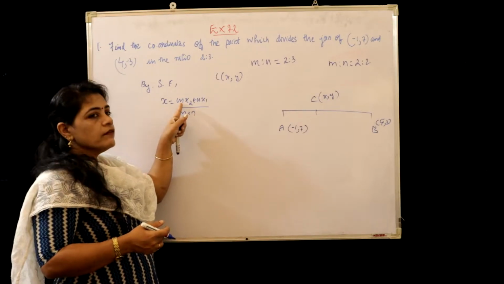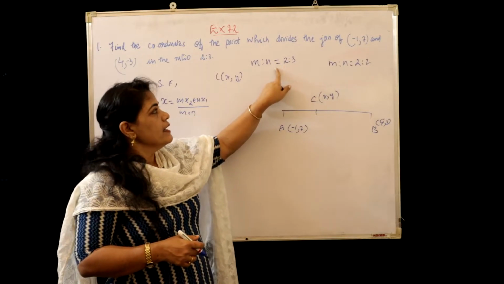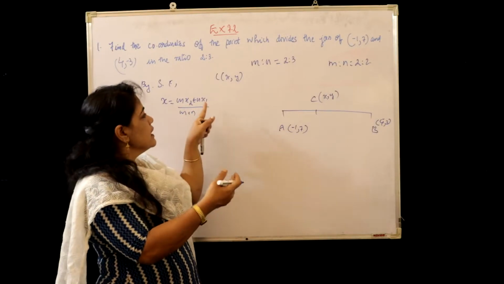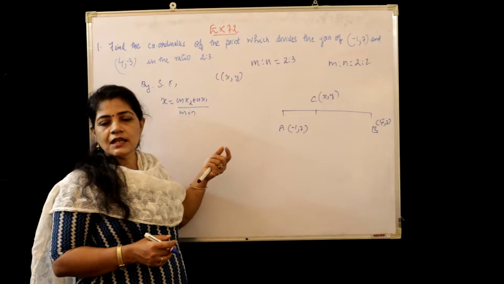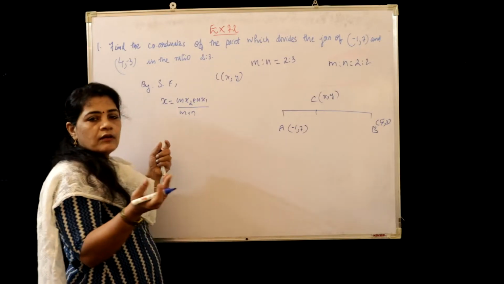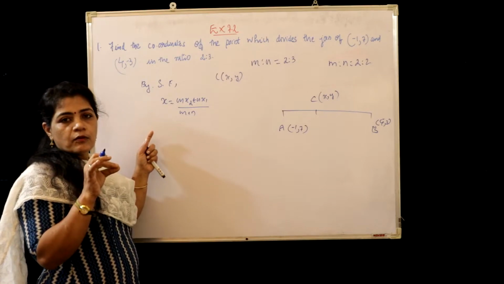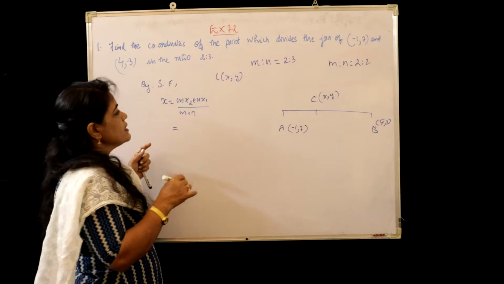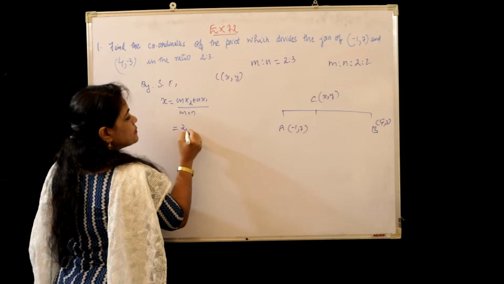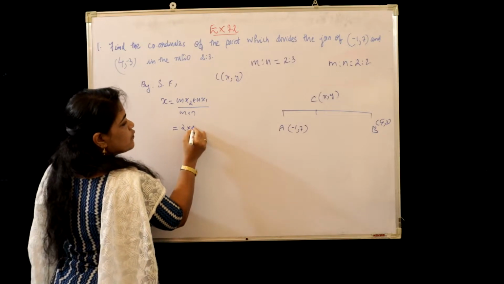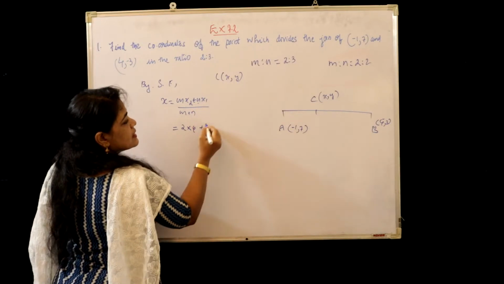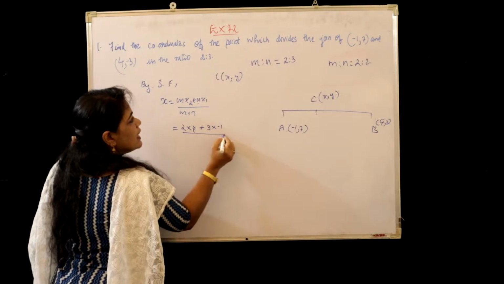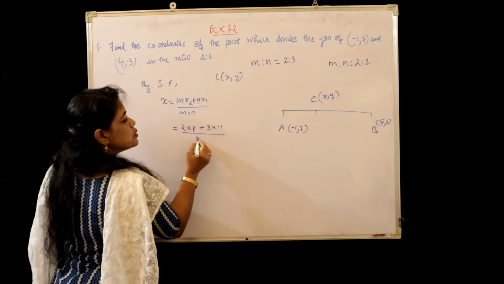Understood? Here everything is given. m is given as 2 and n is given as 3. x2 is the x coordinate of the second point, x1 is given, and the sum of the ratio is m plus n. In the same way you will get y also by applying the section formula. First we find the x coordinate: m is 2, x2 is 4, plus n is 3, x1 is -1, divided by m plus n, that is 2 plus 3.